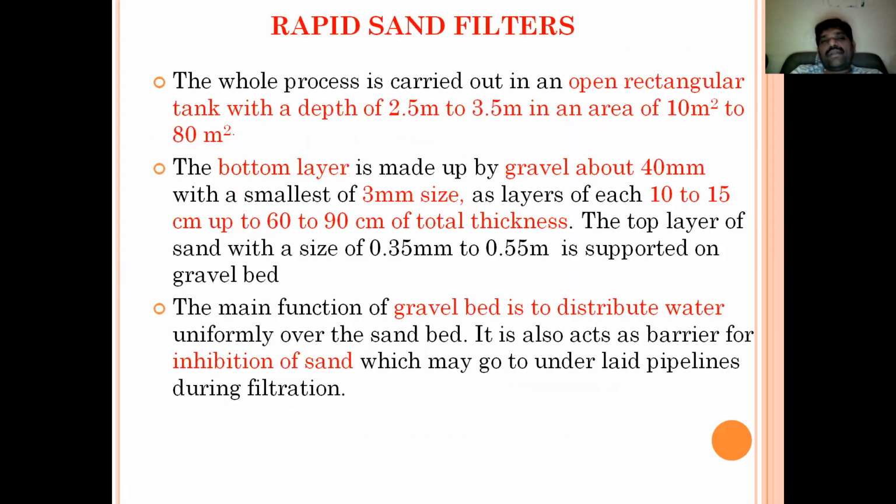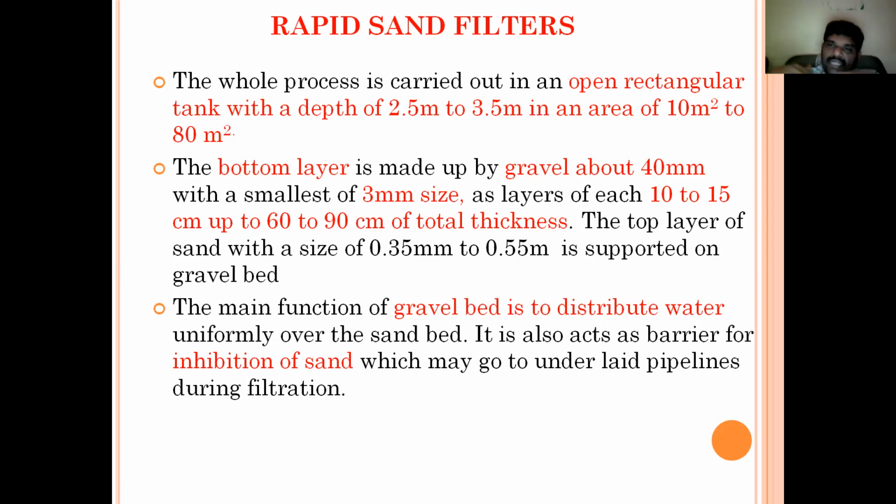Understand? Now, rapid sand filter construction. These use an open rectangular tank with a depth of 2.5 meters to 3.5 meters and an area of 10 square meters to 80 square meters. The bottom layer is made up of gravel, with a size of 40 mm down to a smallest size of 3 mm.